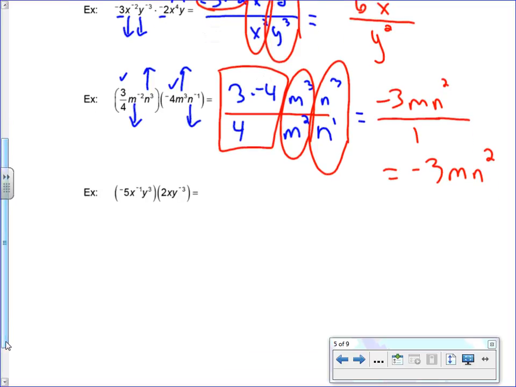All right. Everybody give this one a try. Put everything where it belongs first. Move everything first. Where does it belong?